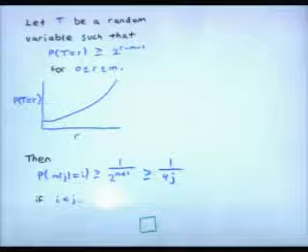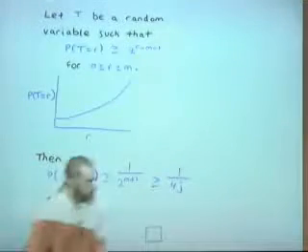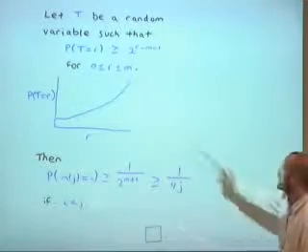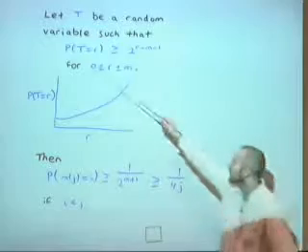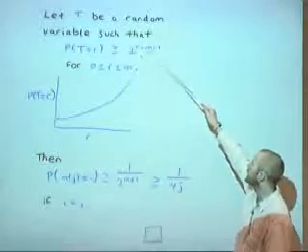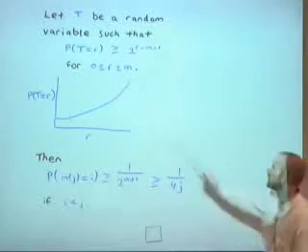Okay, so we're going to let our random variable t satisfy probability t equals r is at least 2 to the r minus m minus 1 for r less than or equal to m.